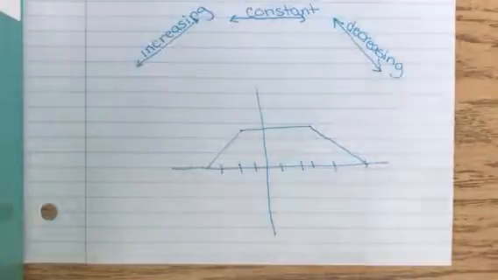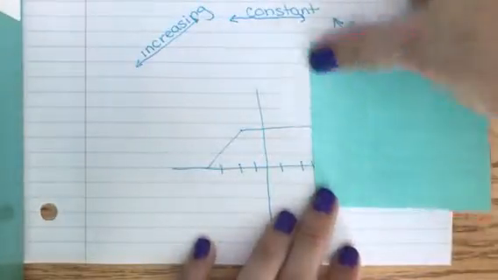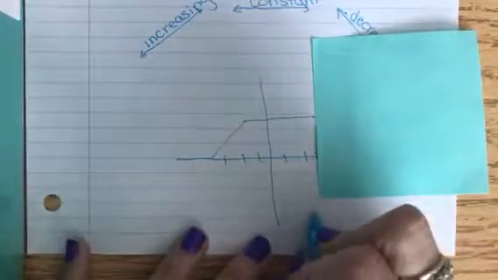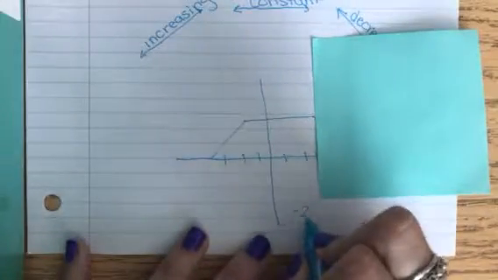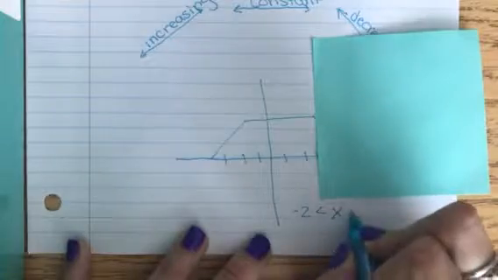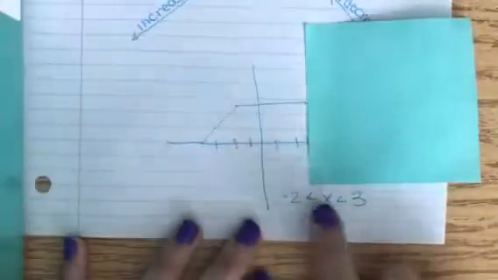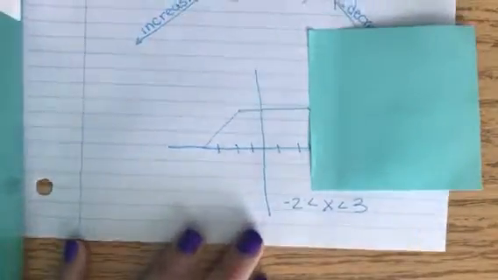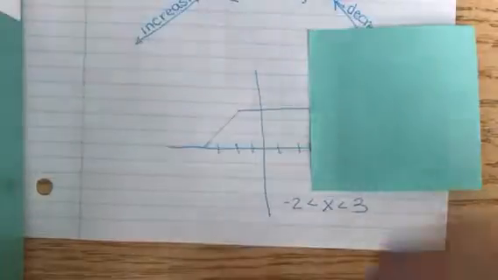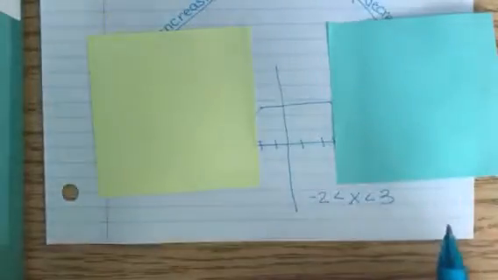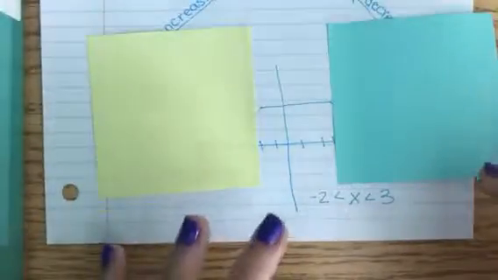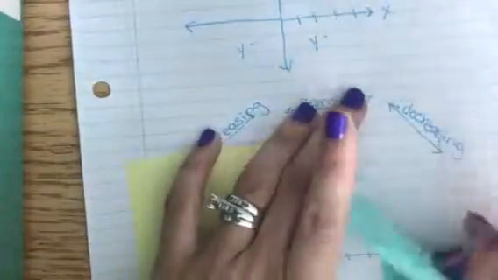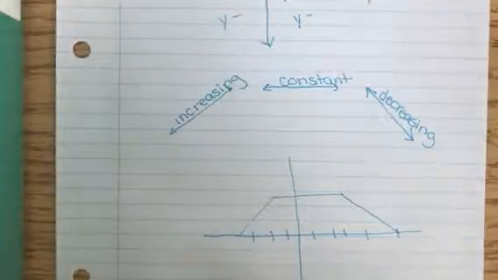If I'm looking at when x is in between, we would write it this way. This represents x being in between -2 and +3. Then I would be looking at the graph just in this section. So you're going to use that information about knowing our domain and range, increasing, decreasing, and constant to answer the following question.